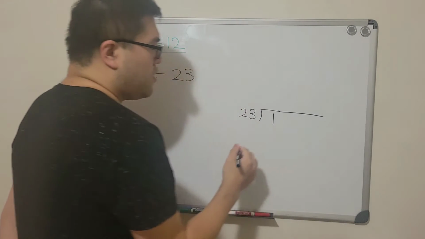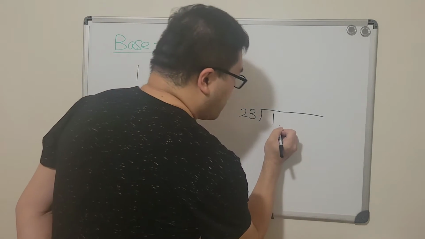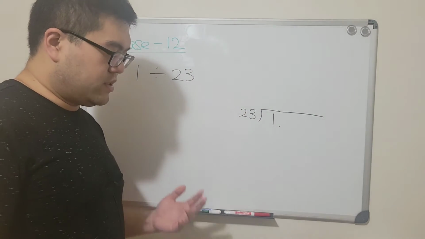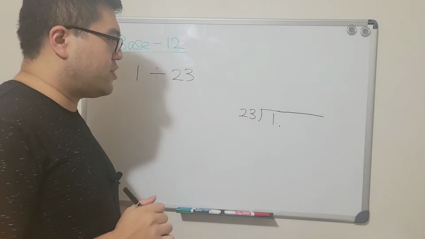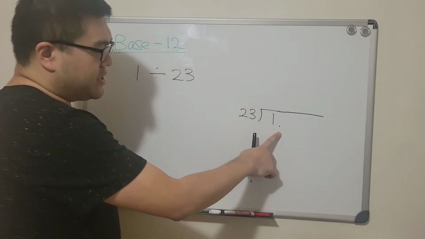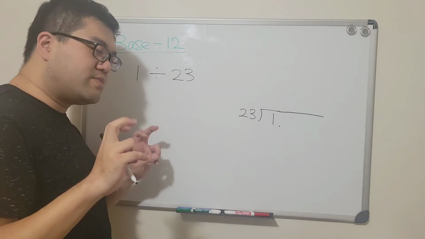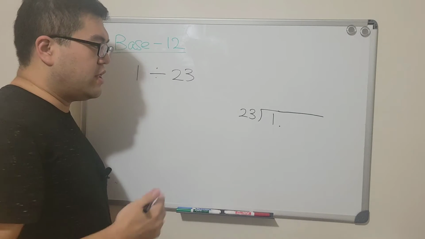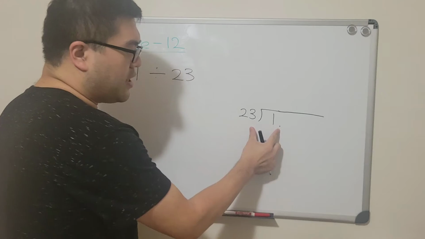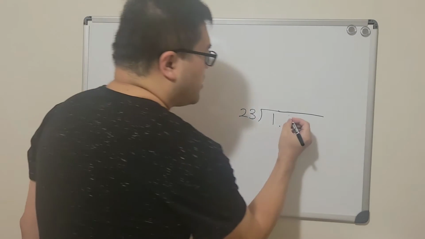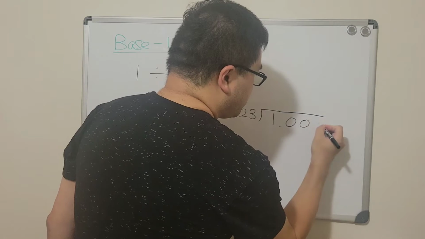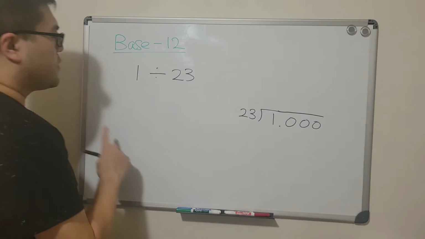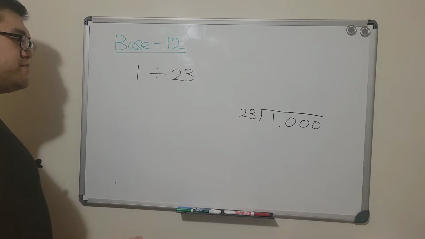We put what's called the decimal point, which some people call the decimal separator. Of course, in this case we're not in decimal, not base 10, but it still works the same. It is the separator dividing the integer part and the fractional part. After that, we just put down the zeros, and we're going to start our calculation.